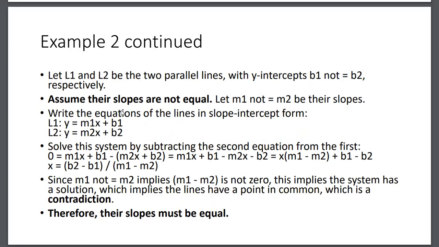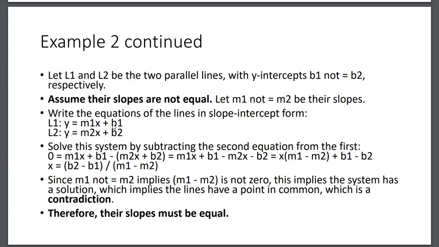Write the equations of the lines in slope-intercept form. For L1, y is M1x plus B1, and for L2, y is M2x plus B2. Solve this system by subtracting the second equation from the first. Y minus y is 0.